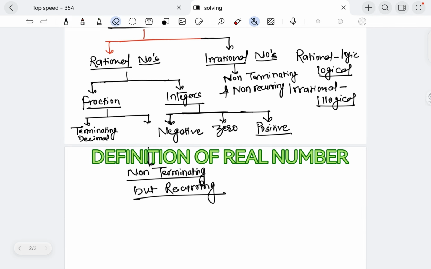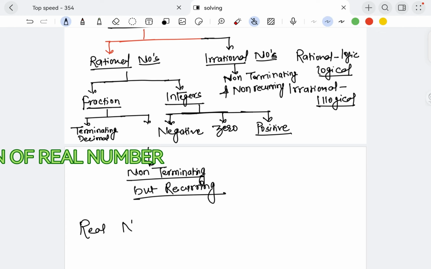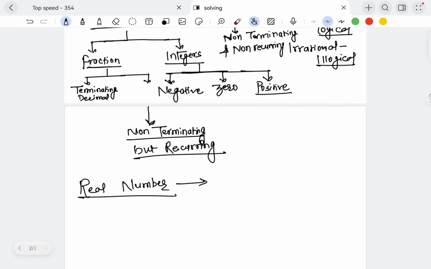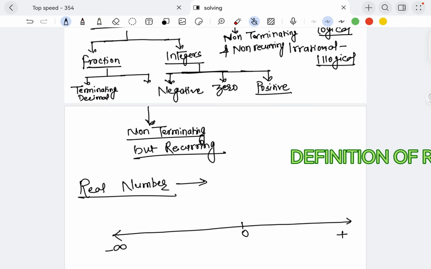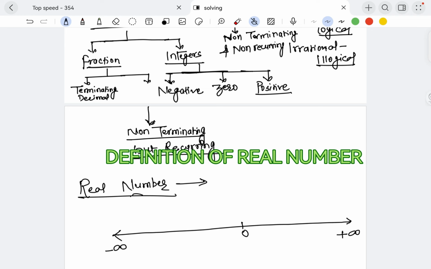Okay, so the simple definition of a real number is a very simple definition, and you must not memorize it. It's very simple. Anything that can be represented on a number line from minus infinity to plus infinity, anything that can be represented on a number line is a real number.